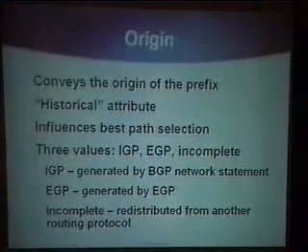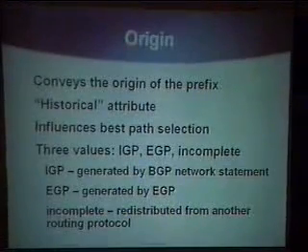I really don't see many who are making much use of this today. Most service providers are setting the origin to IGP and just leaving it. The main reason for the origin was the transition from EGP to BGP many years ago. So it shouldn't be used.